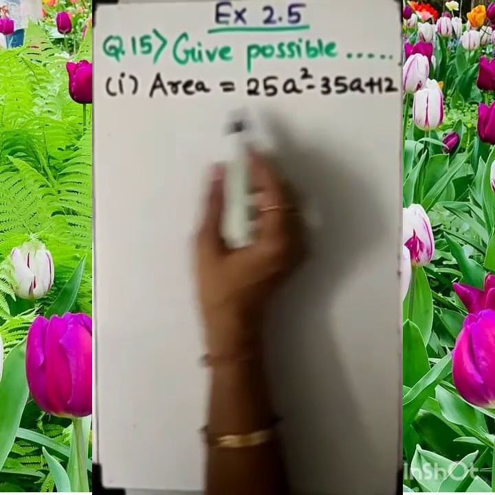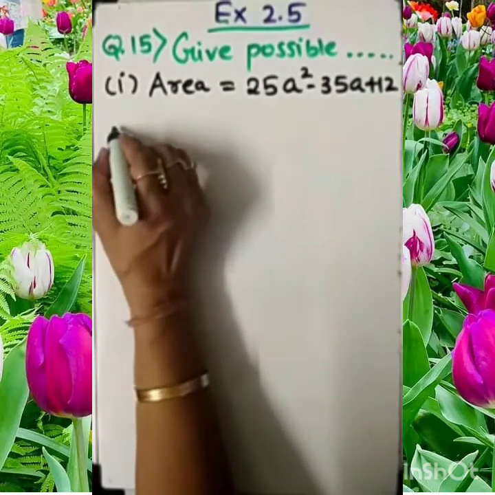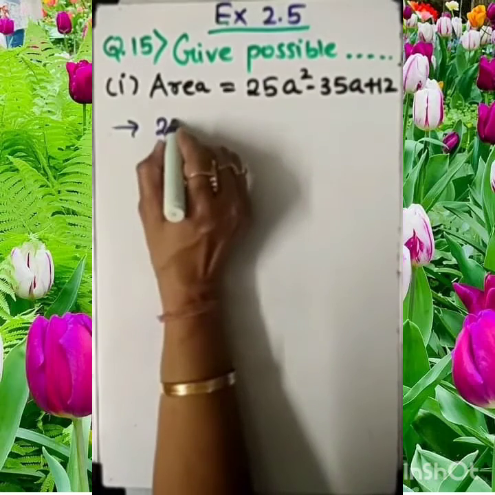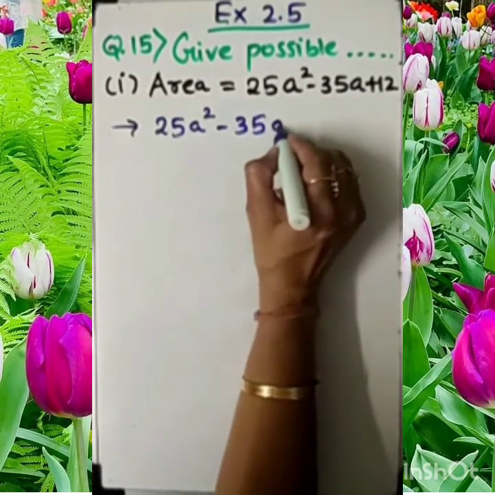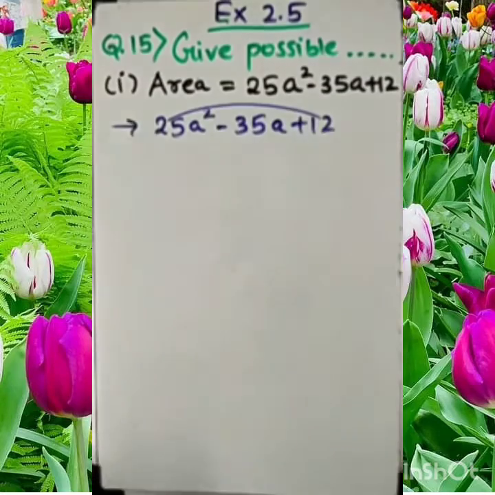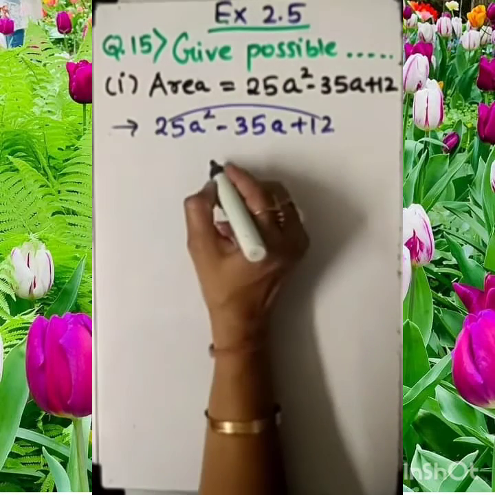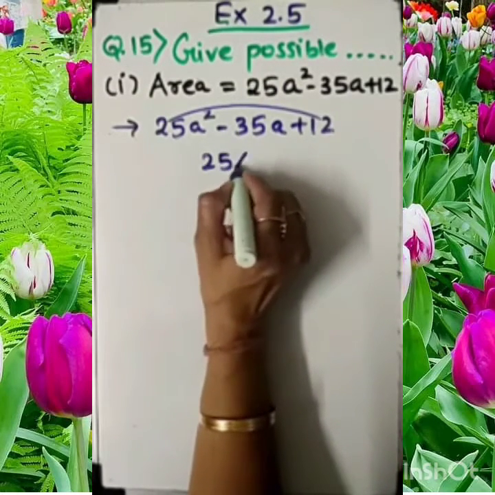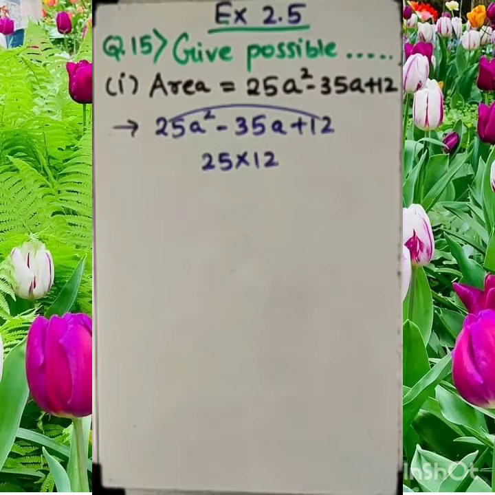This is what we are given first. So first of all, I need to go with this. Observe carefully: 25a square minus 35a plus 12. Now first let's multiply the first term into the last term, as usual by the middle term splitting method. 25 into 12, if we multiply 25 by 12, it will be 300, right?